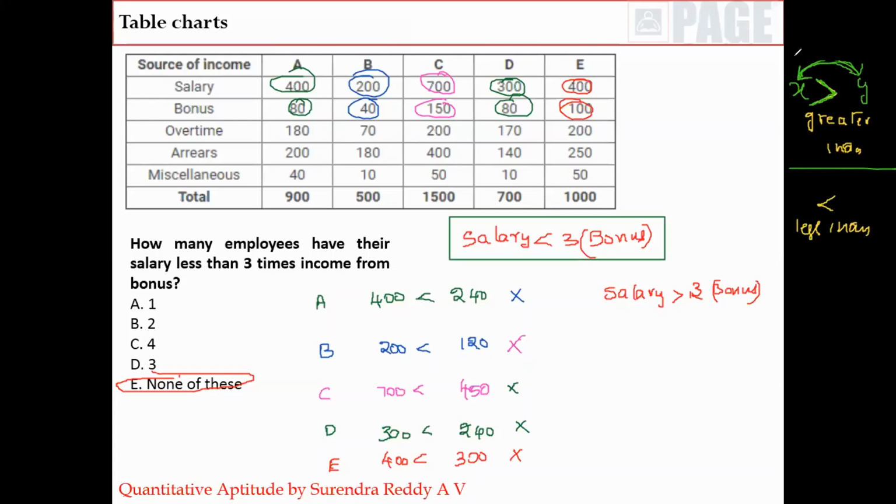If we say x is more than y, is x more or y more? X is more, right? Similarly, if I say p is less than q, now which is more value? Q, right? Whichever side these two nibs are placed, those are maximum values.